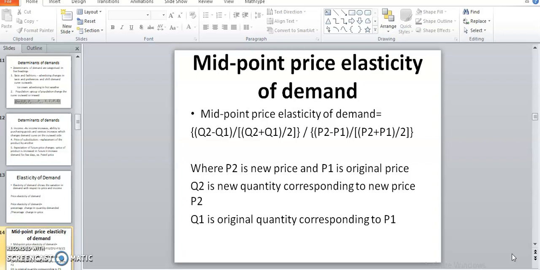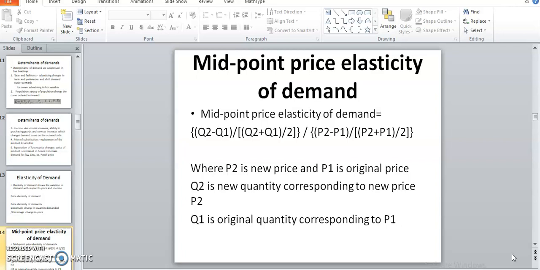So P2 is the new price, P1 is the original price, Q2 is the new quantity corresponding to the new price P2, and Q1 is the original quantity corresponding to the previous price P1.